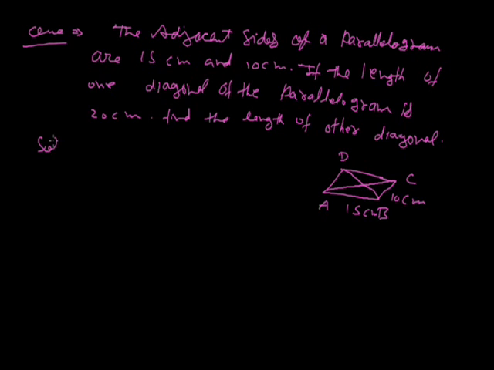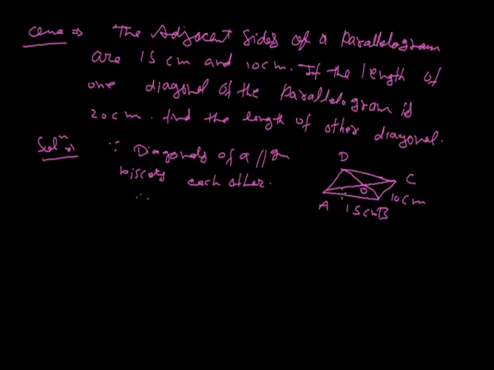So here is the solution. It is given that AB is 15 centimeter, BC is 10 centimeter. The point O is the intersection point of the diagonals. Now we know that diagonals of a parallelogram bisect each other.